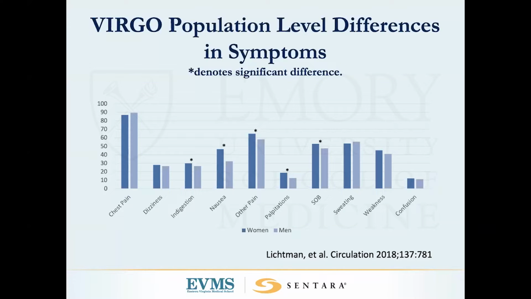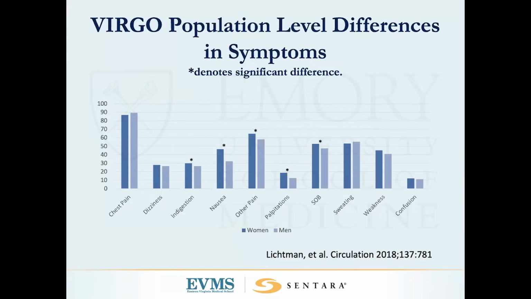Typically, what we do is we look at symptoms and how they aggregate at the population level, and what are the population means of symptoms. We don't look at them at the individual level, but this shows what the Virgo study found at the population level. Like most studies, they found that chest pain was the most common symptom, and chest pain was more common in men than women, although in this particular study, that wasn't statistically significant.